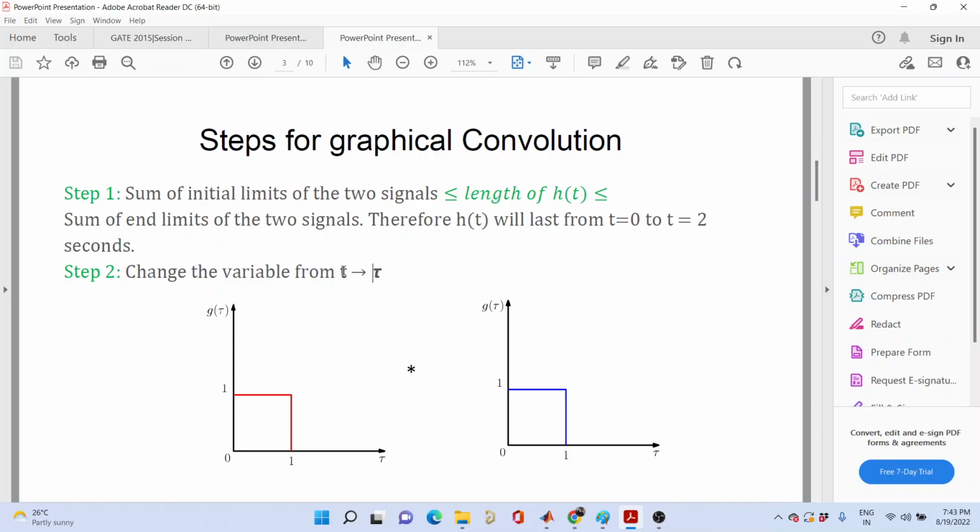I have replaced t with tau. You have seen in the previous curve it was t. I have put tau over there instead of t. Then what is the doubt in it? I am not getting what your doubt is.